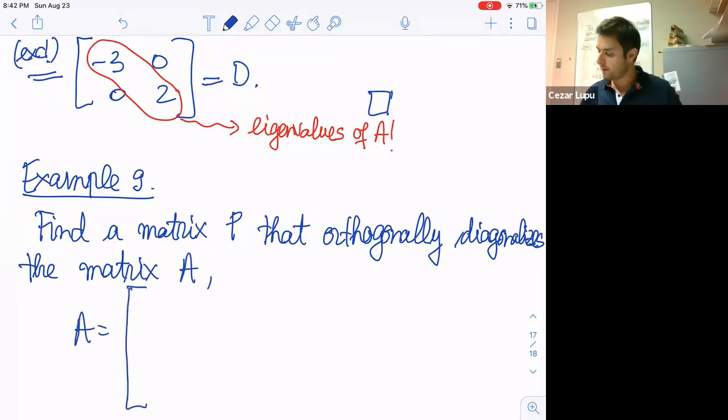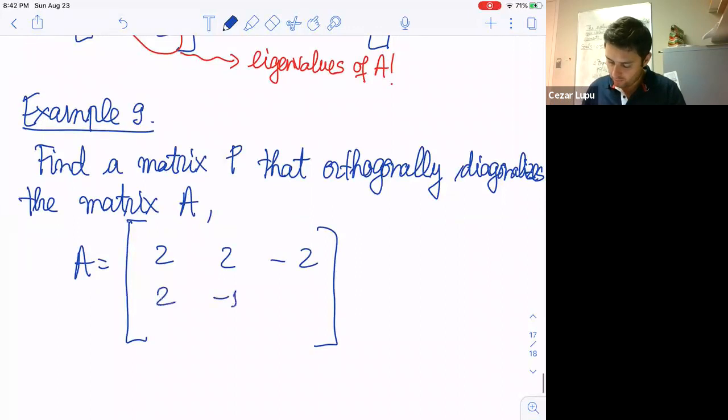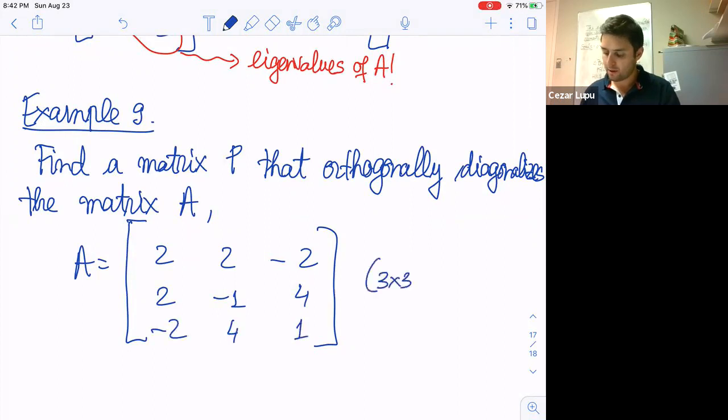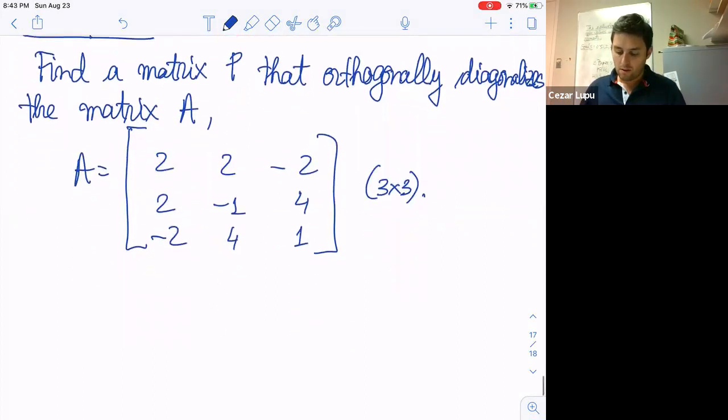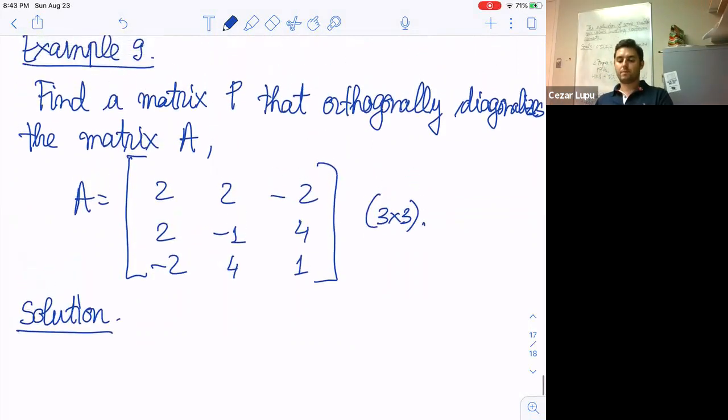Okay, let's see. It will be 2, 2, negative 2, 2, negative 1, 4, negative 2, 4, 1. Again, this is a 3 by 3. So this is the problem. Again, the same question.